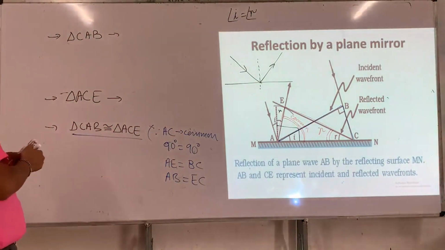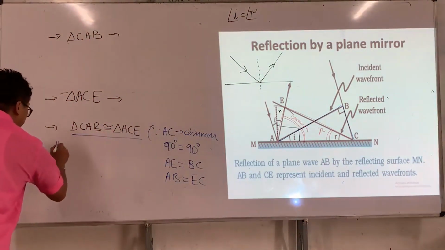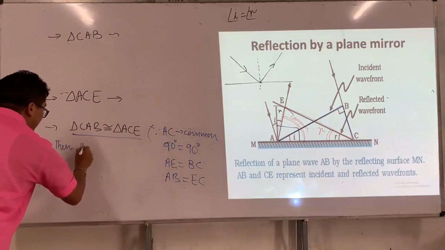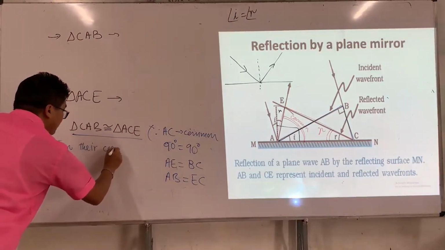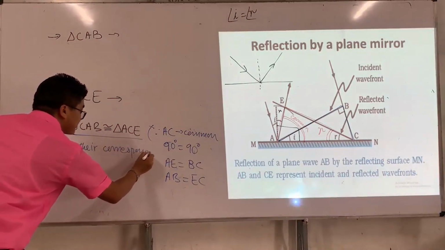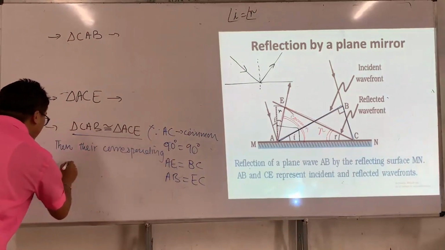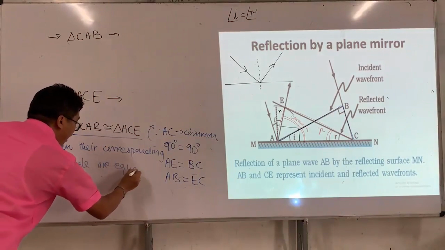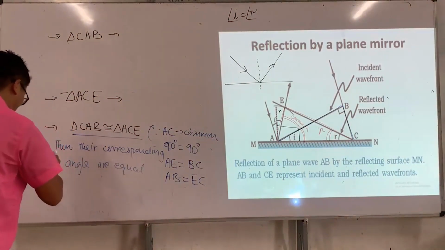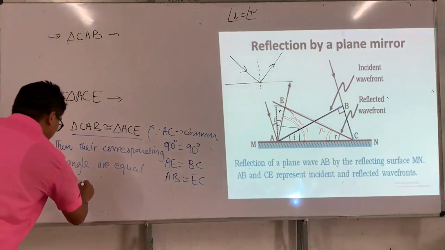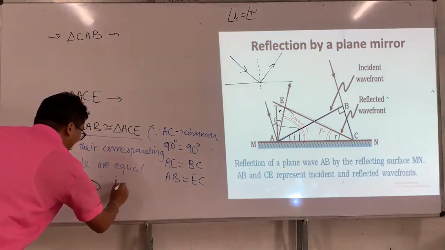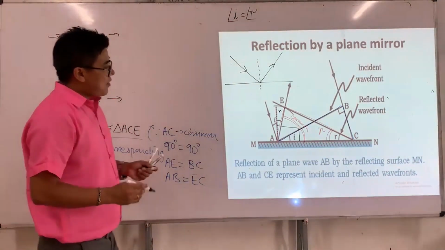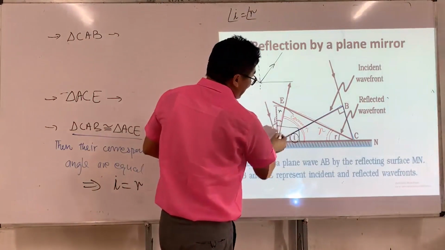If these two are congruent triangles, then their corresponding angles are equal, which implies angle I is equal to angle R. What is the corresponding angle of angle I?